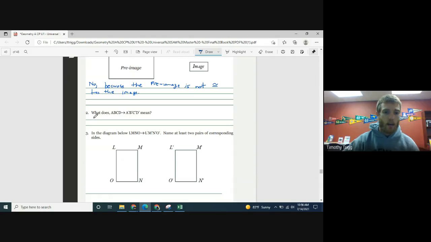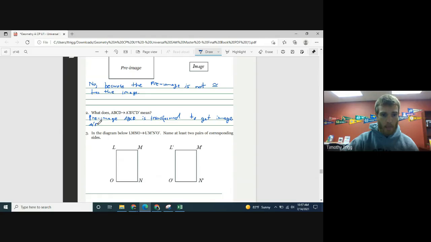This means that the pre-image, which is always the one you start with, pre-image A, B, C, D, is transformed to get image A prime, B prime, C prime, D prime.